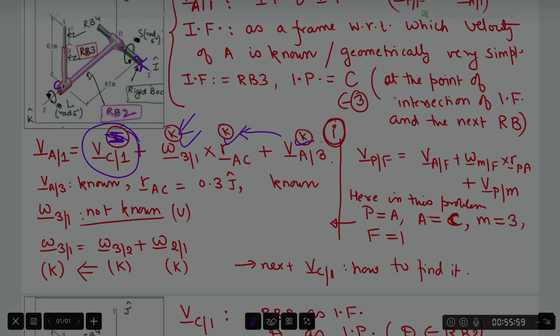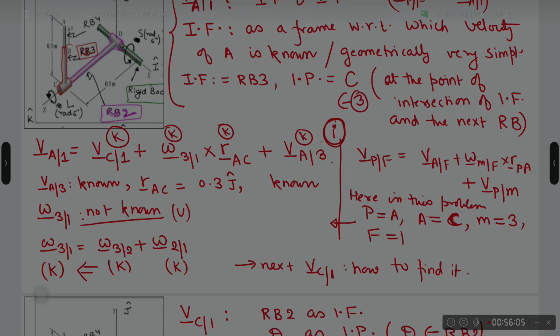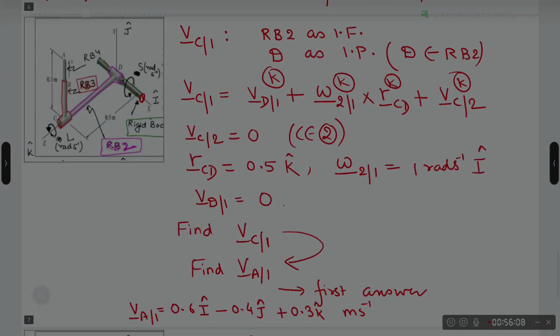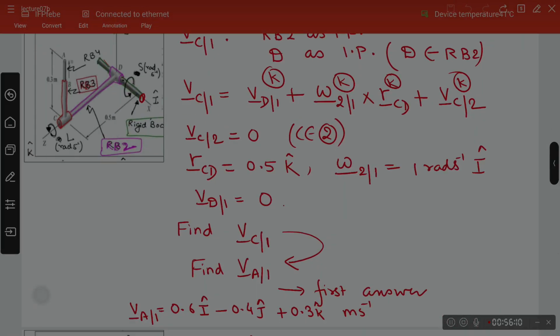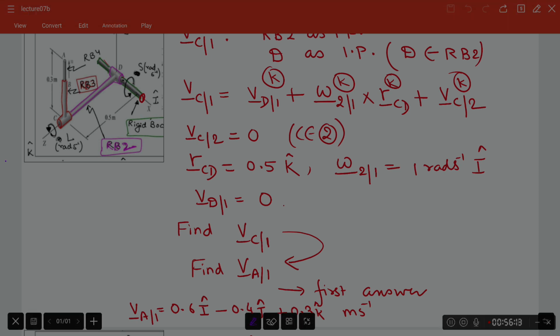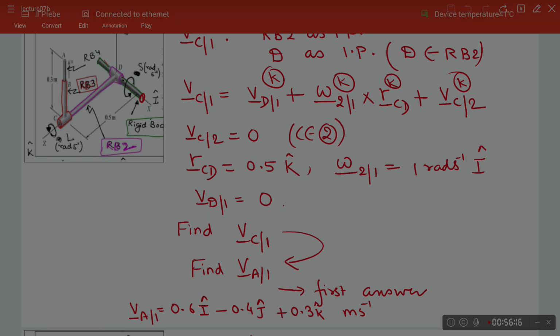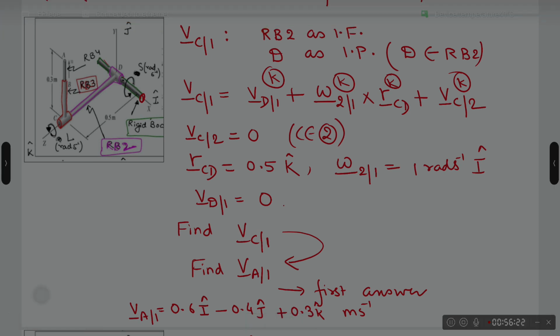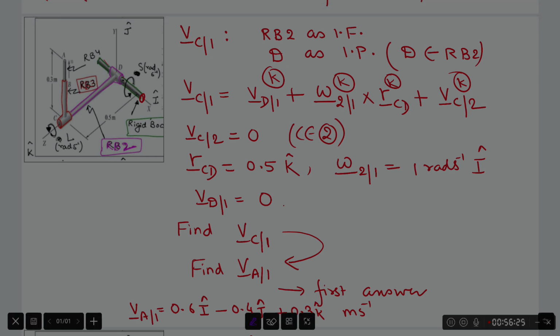Now to find VC1, I am again going to invoke the idea of intermediate frame and intermediate point. So this is the point I want to find, VC1. I am going to say that let's use RB2 as IF.